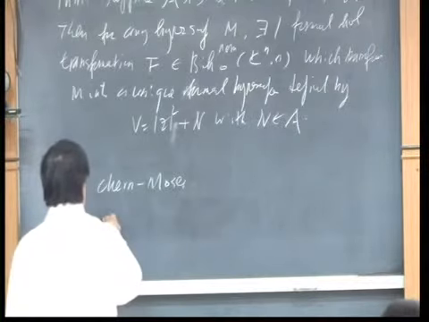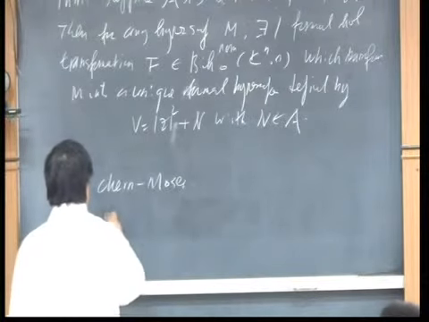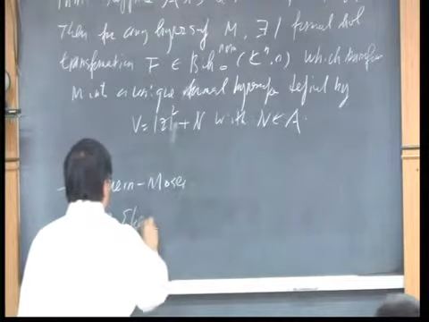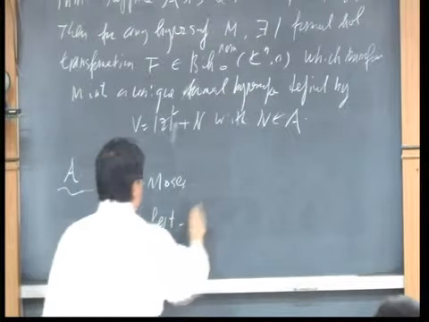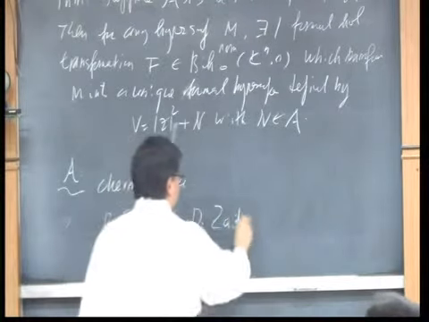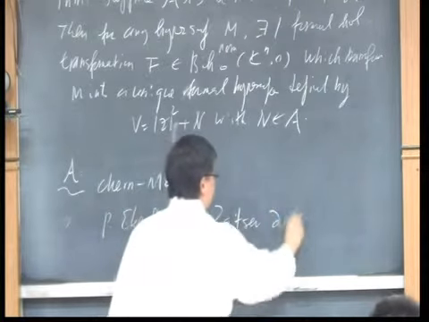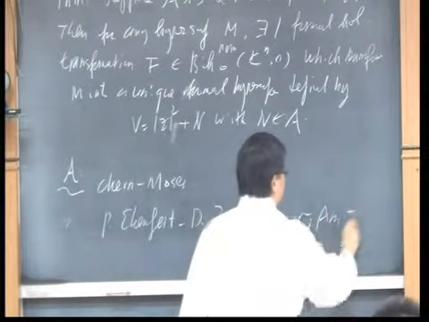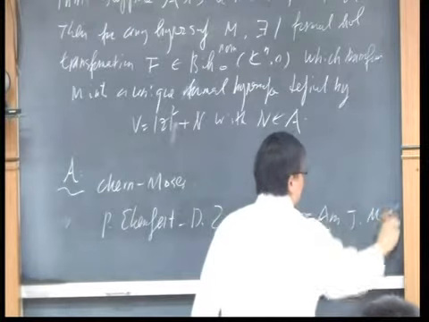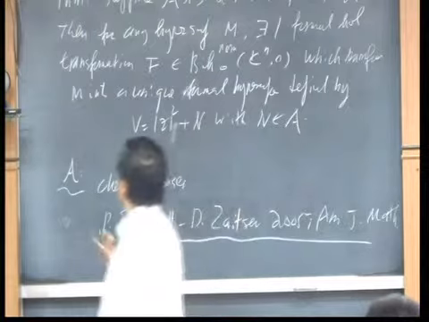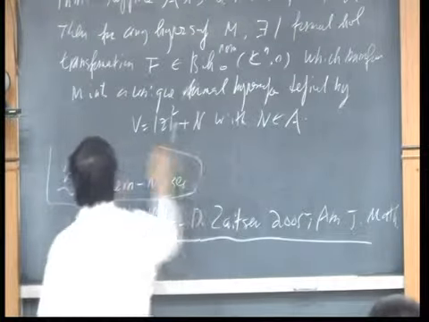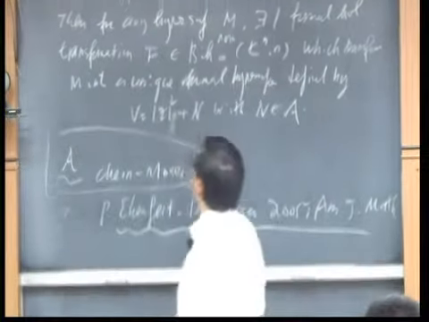It's in my paper with Peter Ebenfelt and Dmitri Zaitsev, 2005, American Journal of Math. In my lecture notes I discuss more about the normal form here. Now let's just focus on the basic stuff, the Chern-Moser theory part.